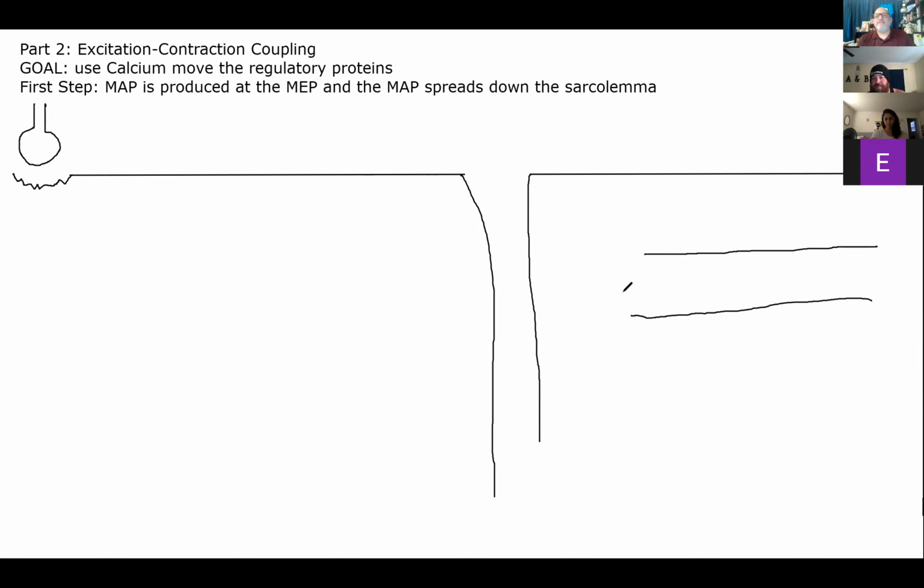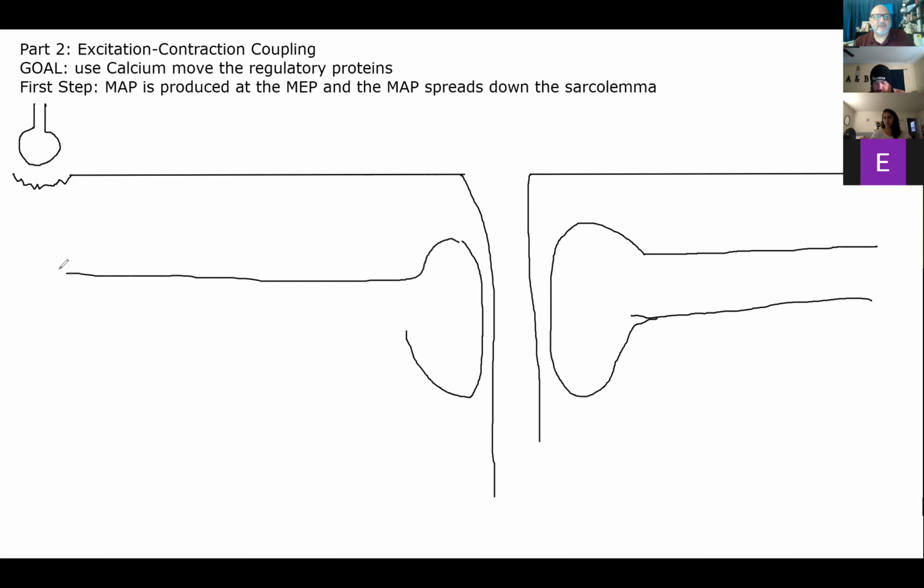And you are right, we have this web-like sarcoplasmic reticulum with these big enlargements at the end of it. And what are those big enlargements of the sarcoplasmic reticulum called again? Terminal cisternae. There you go. Exactly, the terminal cisternae. Excellent.